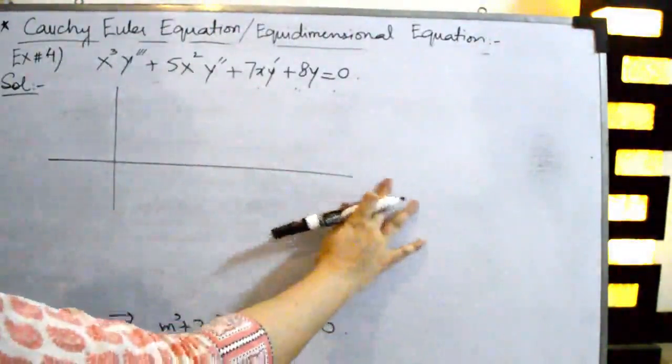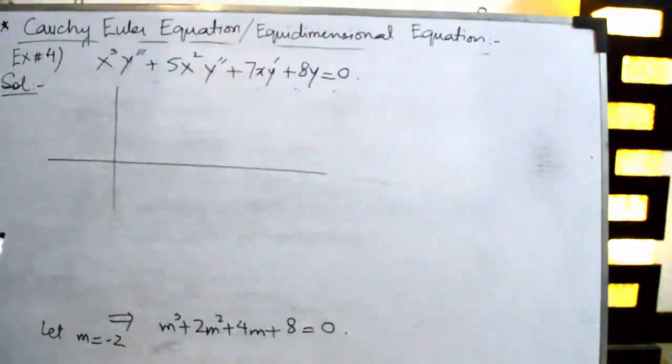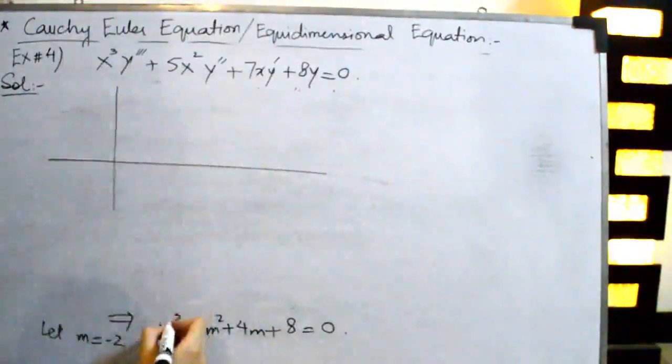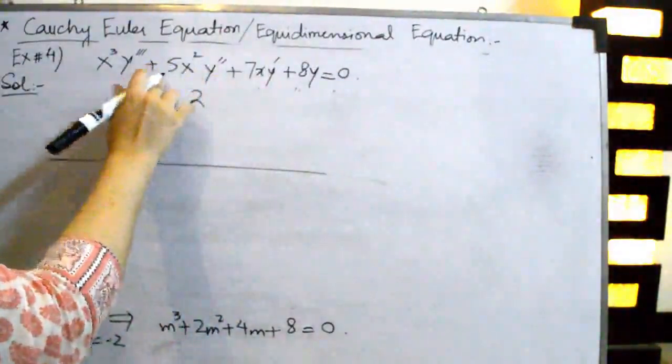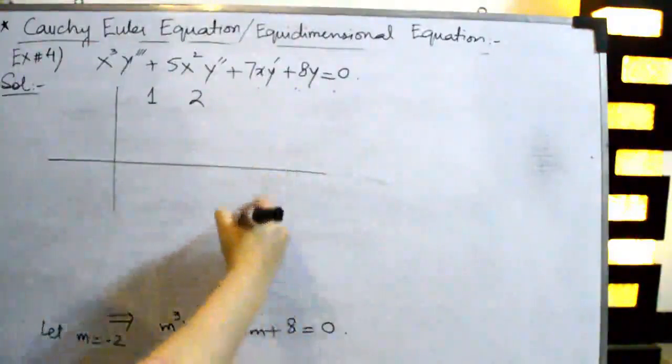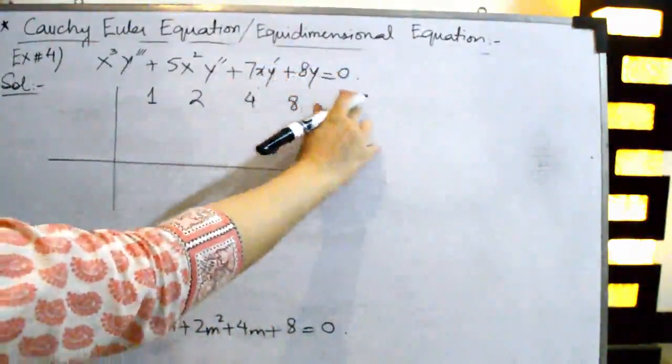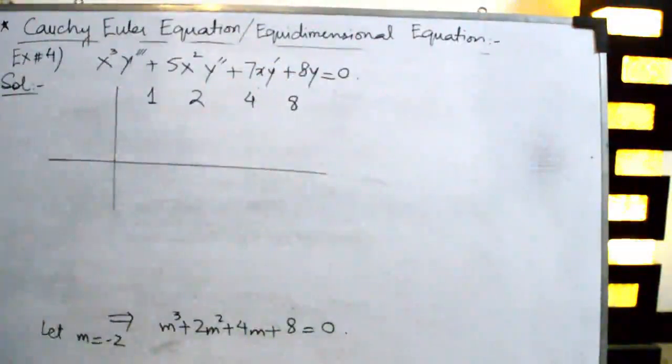We have studied this in lecture number 8, higher order homogeneous differential equations, in example 4 or 5. So m cube has coefficient 1, m square has coefficient 2, m has coefficient 4, and the constant is 8, and our root is minus 2.